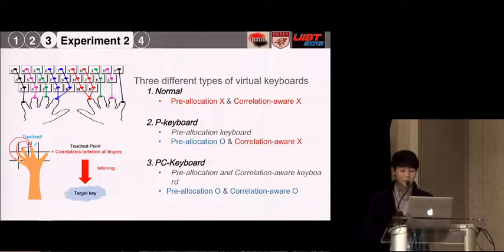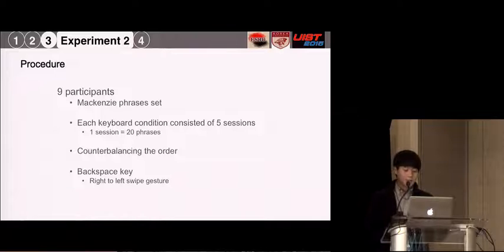apply to this keyboard. In the second experiment, 9 skilled typists who participated in the first experiment were recruited again, and each participant performed 5 sessions per keyboard, and all sessions were spread over 3 consecutive days.